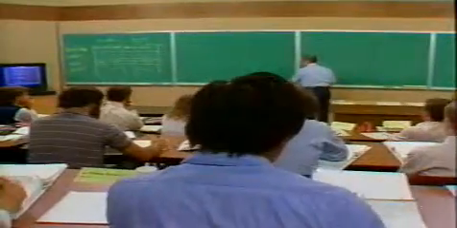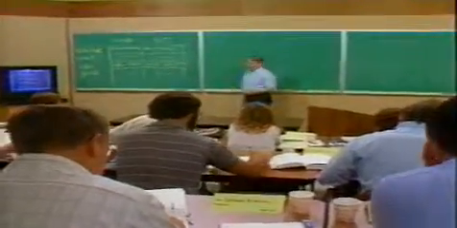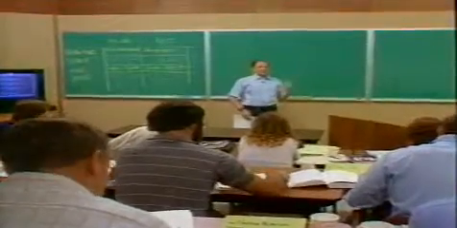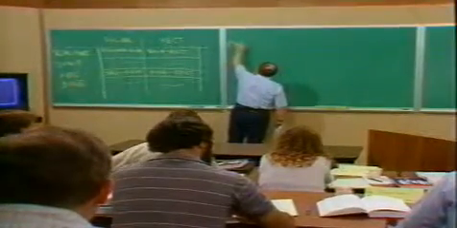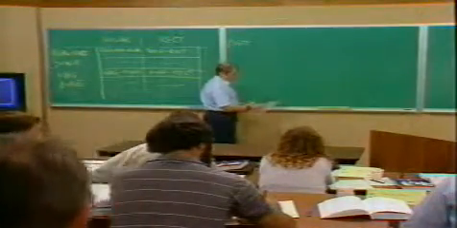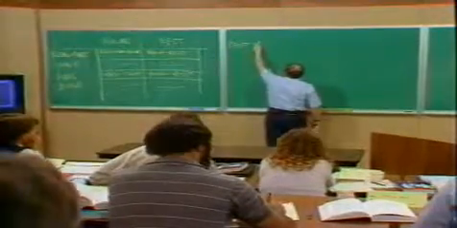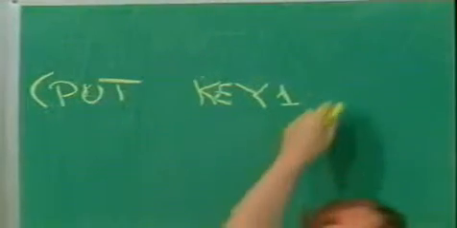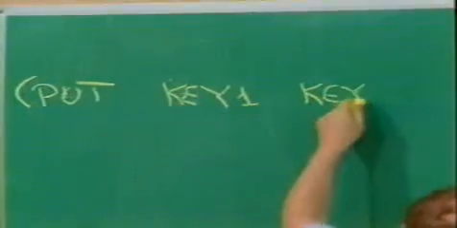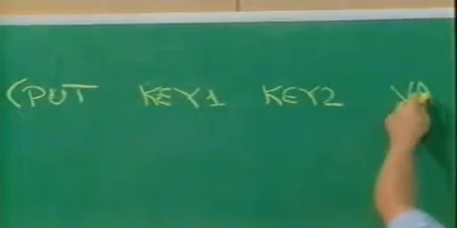Now, what do I mean by that? Let's assume, again using data abstraction, that we have some kind of data structure that's a table, and we have ways of sticking things in and ways of getting things out. And to be explicit, let me assume that there's an operation called put, and put is going to take, in this case, two things I'll call keys, key 1 and key 2, and a value.